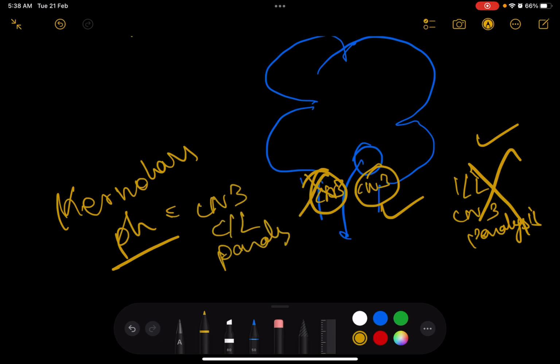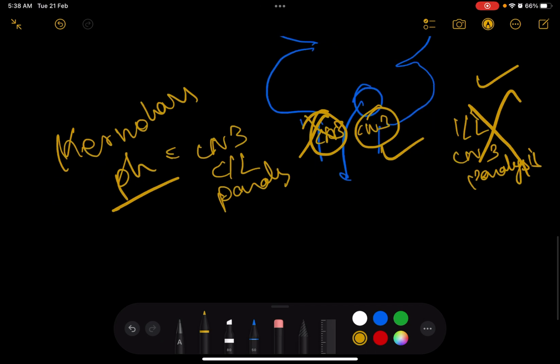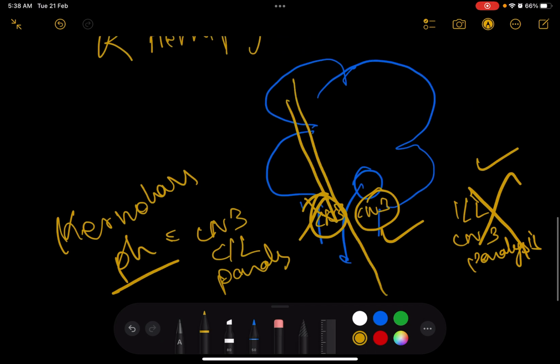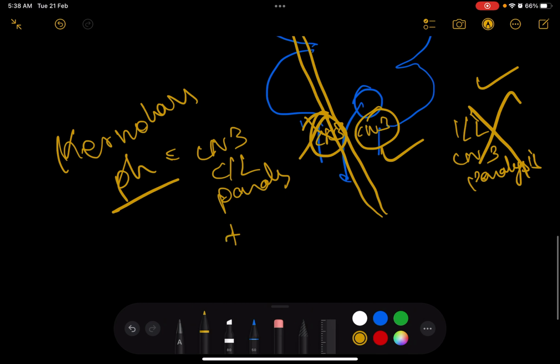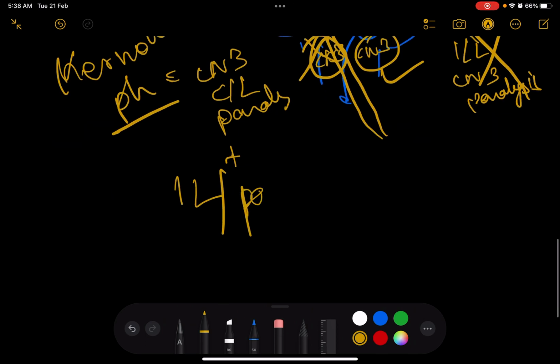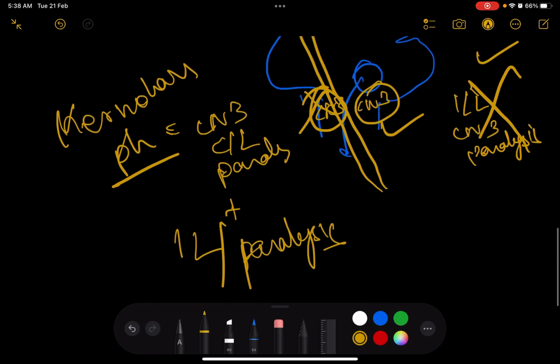So this one's gone. As it goes deeper, the fibers from the opposite side is affected. As the fibers have crossed, it leads to ipsilateral paralysis. Amazing. So this is the switch of events that actually occurs in the Kernohan phenomenon as the herniation goes deeper and lower into the medulla.